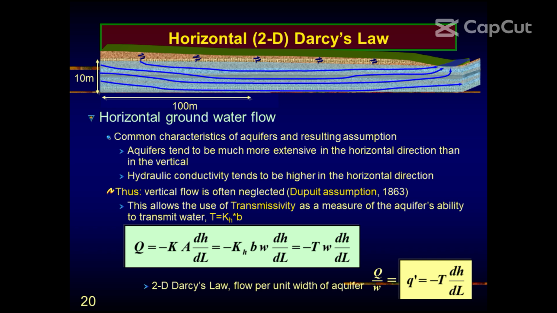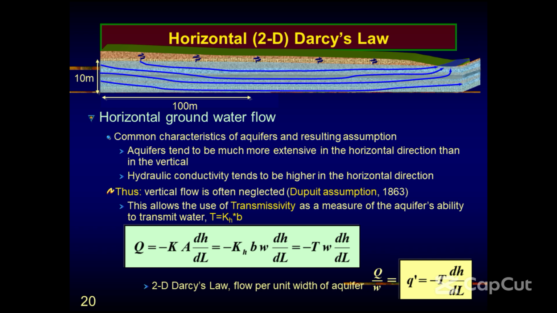And then the unit from KB, K is L over T, B is L, so it's going to be L squared over T, usually expressed in meter squared per day. But this is the important explanation behind transmissivity. It is a concept that is considering only flow in the horizontal plane, not in the vertical plane.